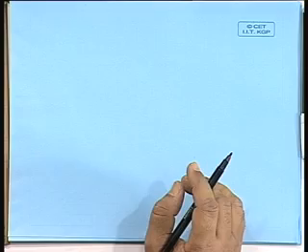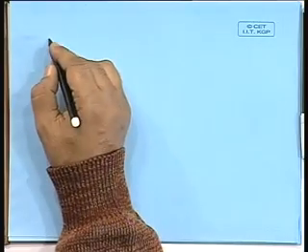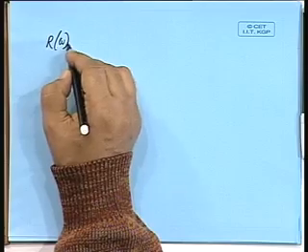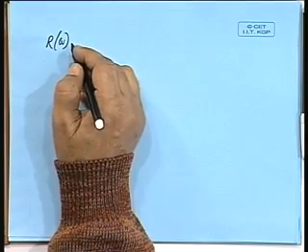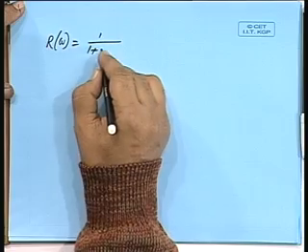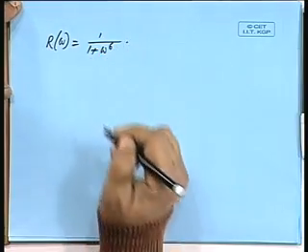A simple example we shall take. Suppose the real part R(omega) is given as 1 by 1 plus omega to the power 6.